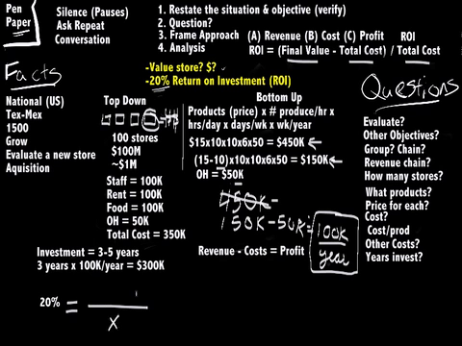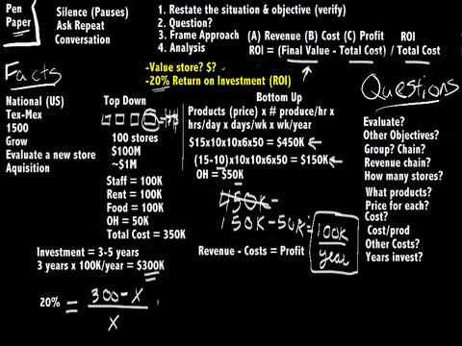That is what we should pay. So I'm just going to put X for the total cost that we don't know, because that's what we want to figure out. We know the final value, assuming everything's constant, is 300K. That is what this store is going to make for us in 3 years.